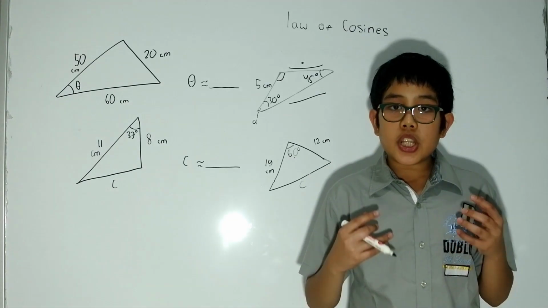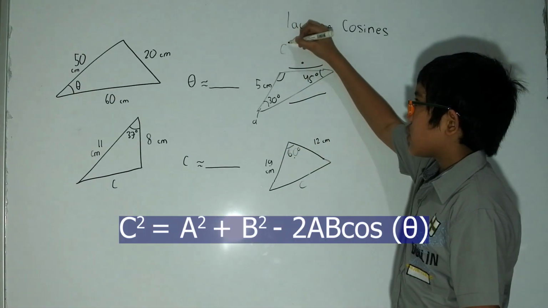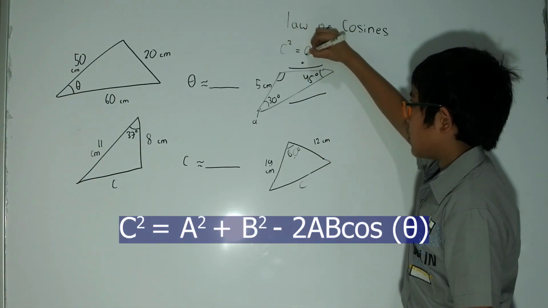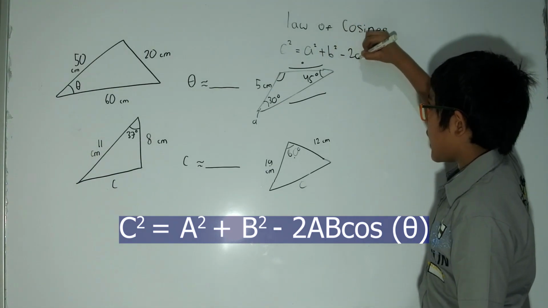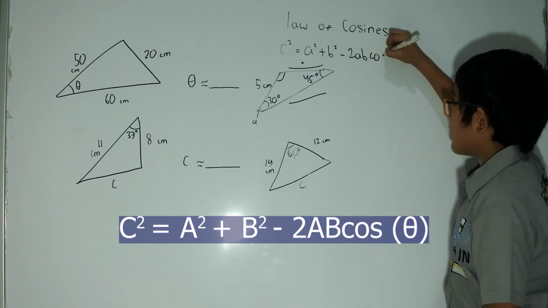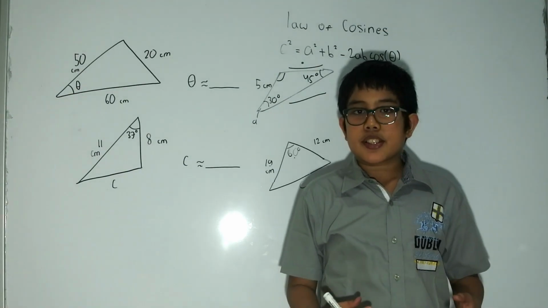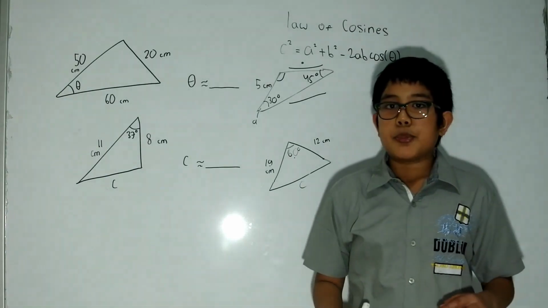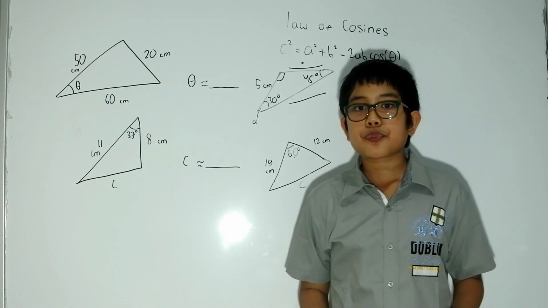Well, we can put the law of cosines into one equation that says C squared is equal to A squared plus B squared minus 2AB cosine of theta. But don't get intimidated by this long and hairy equation, because once you know about the law of cosines, it's very useful and very simple.